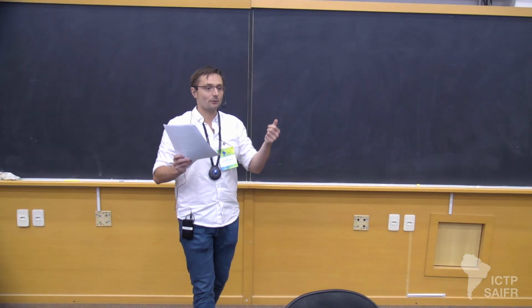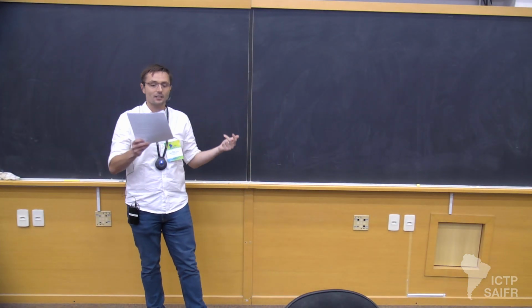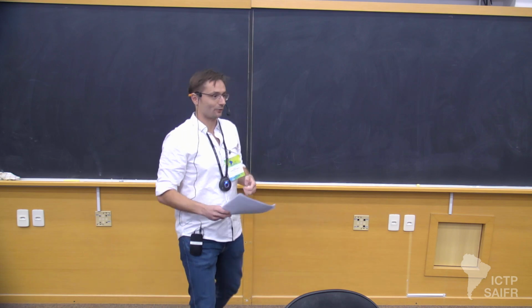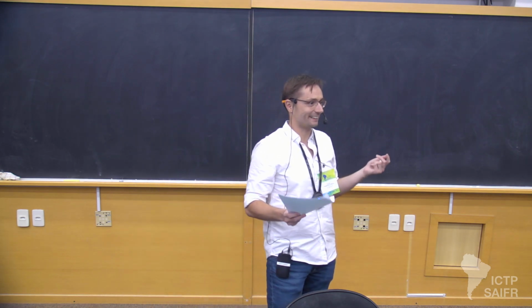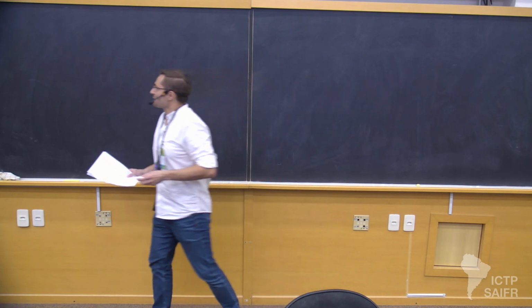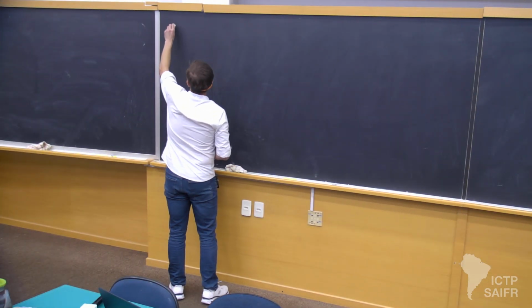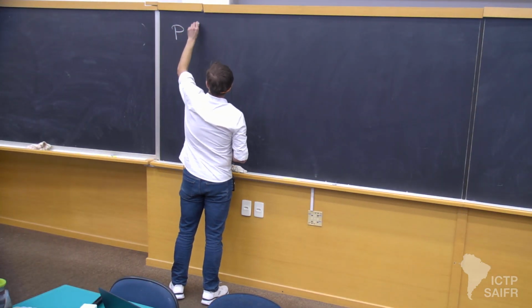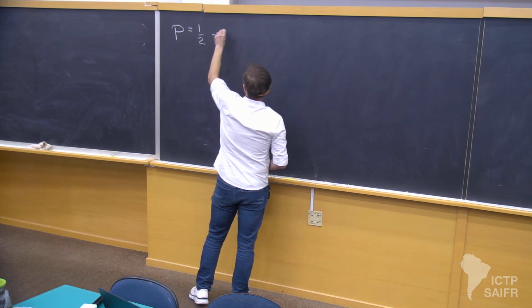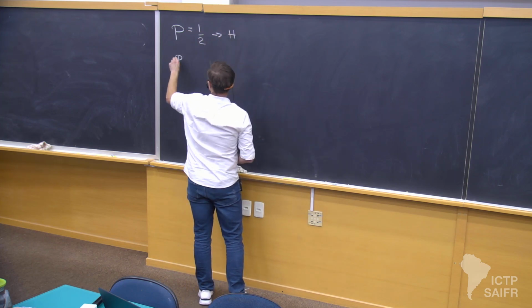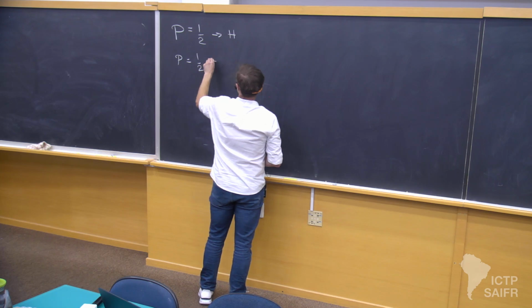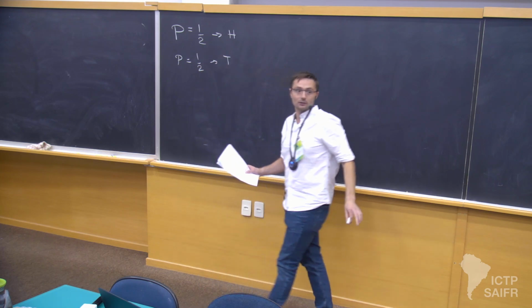Sometimes we will get a head, and sometimes we will get the other side of the coin, which I always forget the name of, a tail. So in this experiment, if the coin is fair, I have a probability 1/2 of getting heads, and a probability 1/2 of getting tails. Okay?